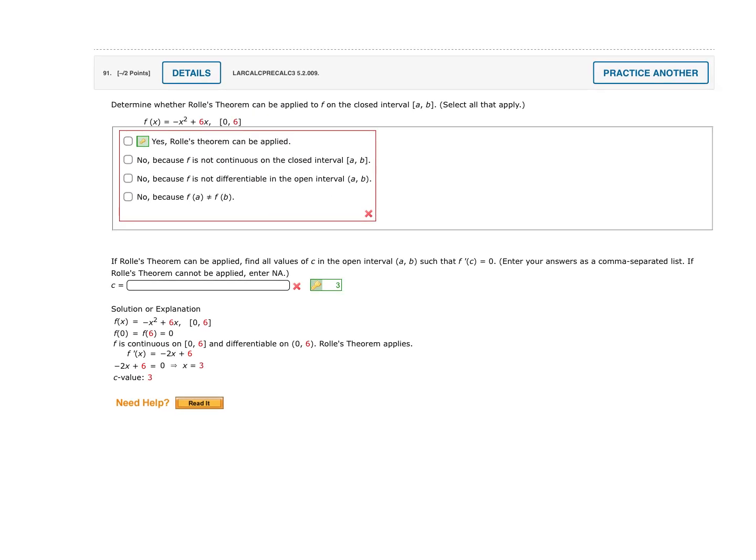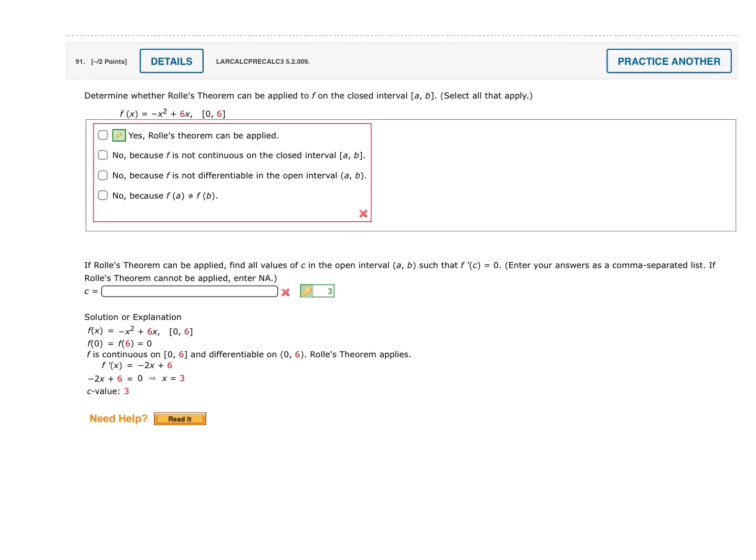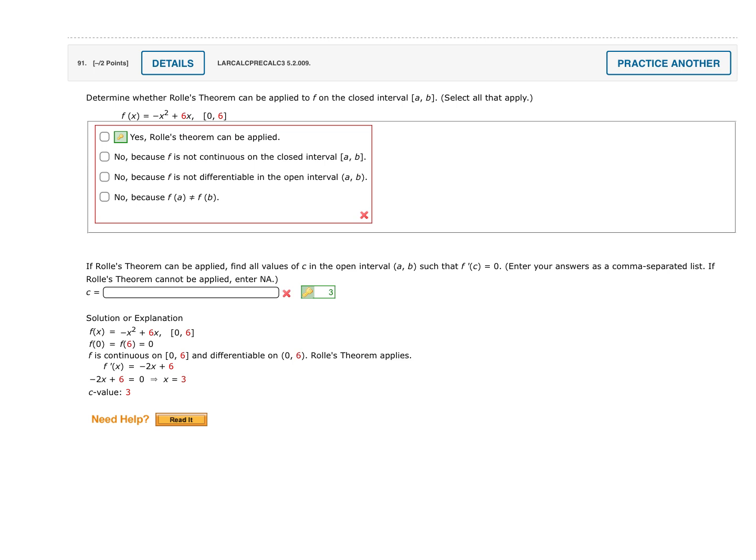Determine whether Rolle's theorem can be applied to f on the closed interval. So to see if Rolle's theorem can be applied, we need to check three things. We need to see, is it continuous? Is it differentiable? And does f of A equal f of B? So check these three things.